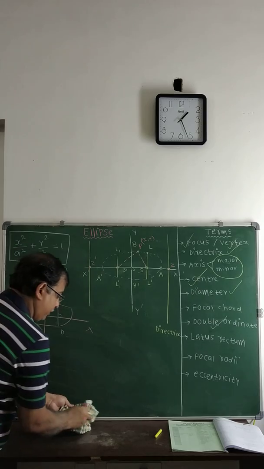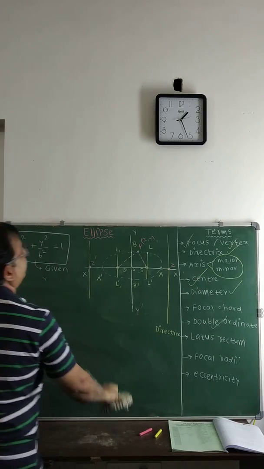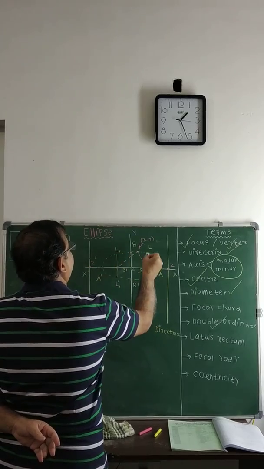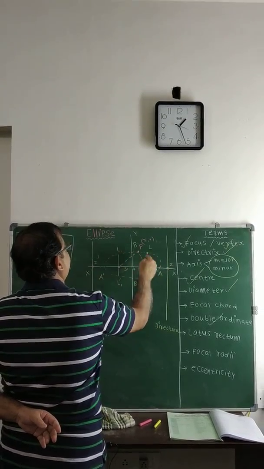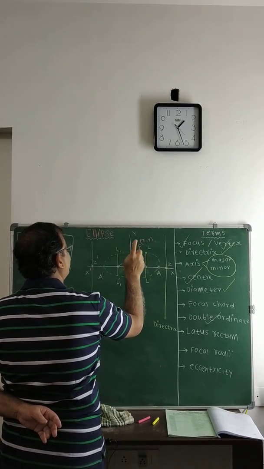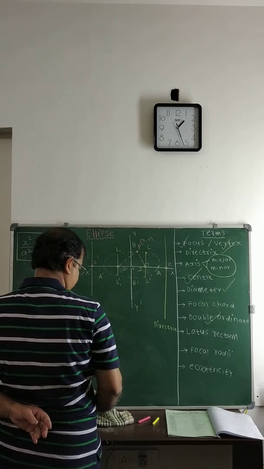Then comes latus rectum. Now latus rectum is a special type of focal chord. Now see the original figure here. I have already drawn this ellipse here. Now L dash is a focal chord. Why? Because it is passing through the focus. But most important, it is also perpendicular to the major axis.